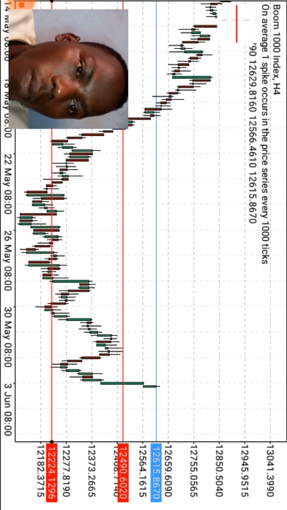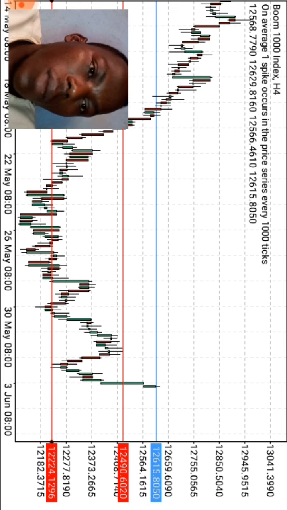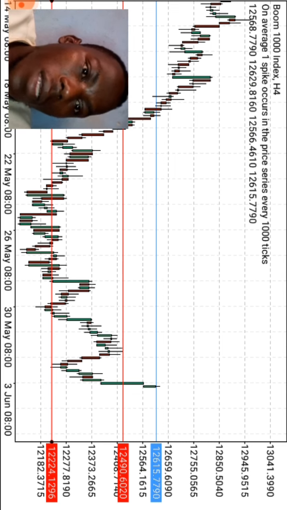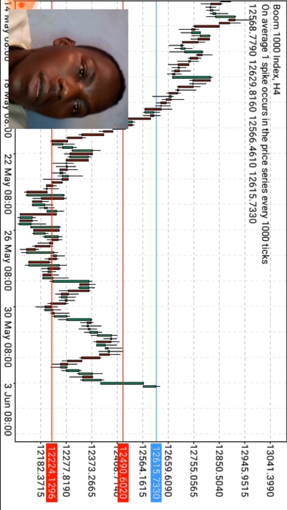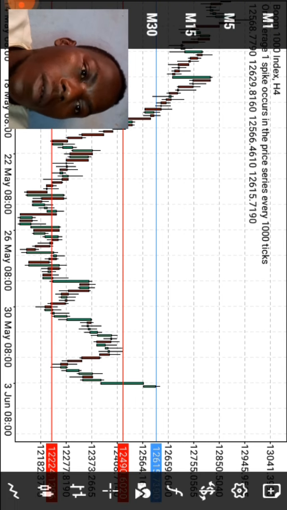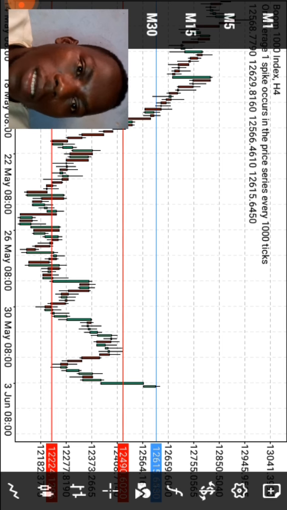We know that if the price breaks the upper one, then it's an uptrend and we shall be looking for buys. When it breaks the lower one, it will be a downtrend and we shall be looking for sells. Now I want to show you how to use verified support and resistance efficiently.